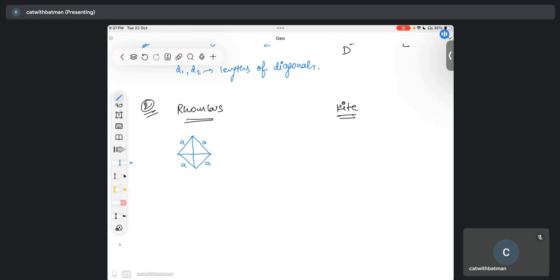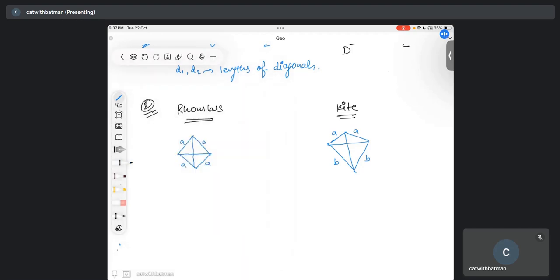Now, this is a rhombus, and a kite looks something like this, in which adjacent sides are equal. So if this is A, this is A, this is B, this is B, something like this. Here also I'll make the diagonals, which would look like this.